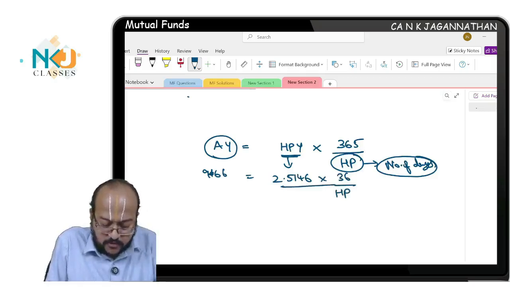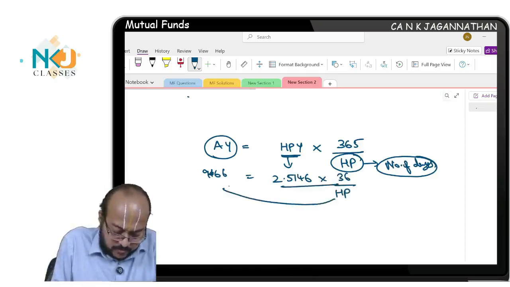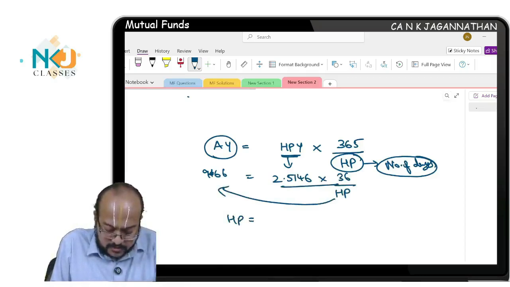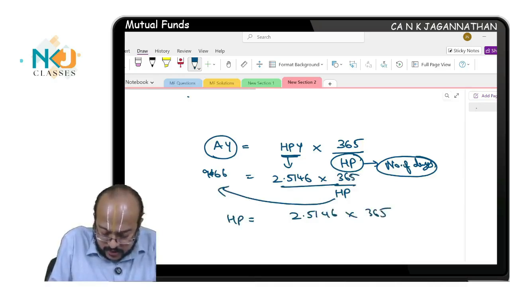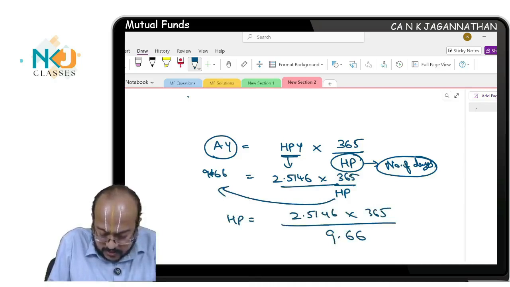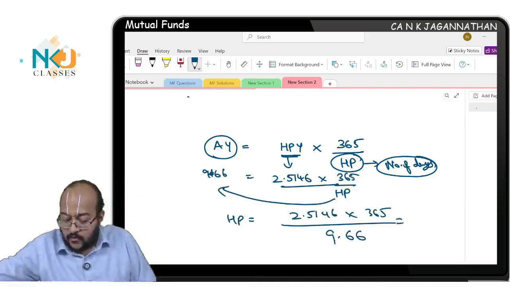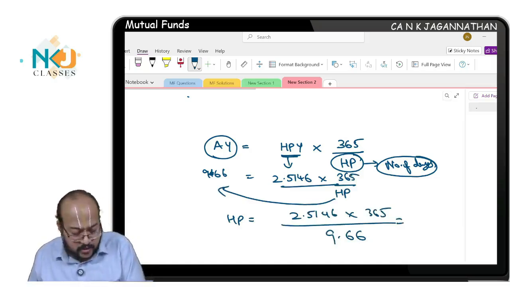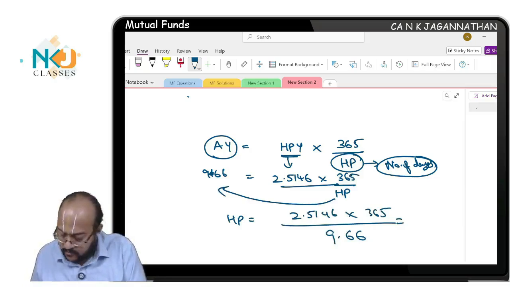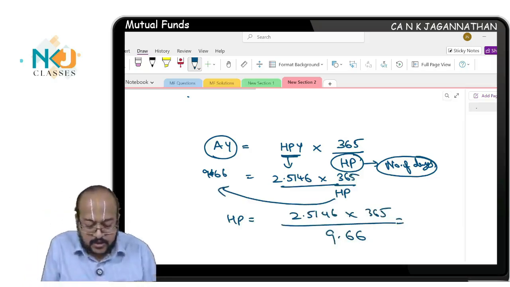Now you need to compute the holding period. Very simple, you bring it here. Holding period is nothing but 2.5146 into 365 divided by 9.66. Take your calculator and see: 2.5146 into 365 divided by 9.66. You get 95 days.